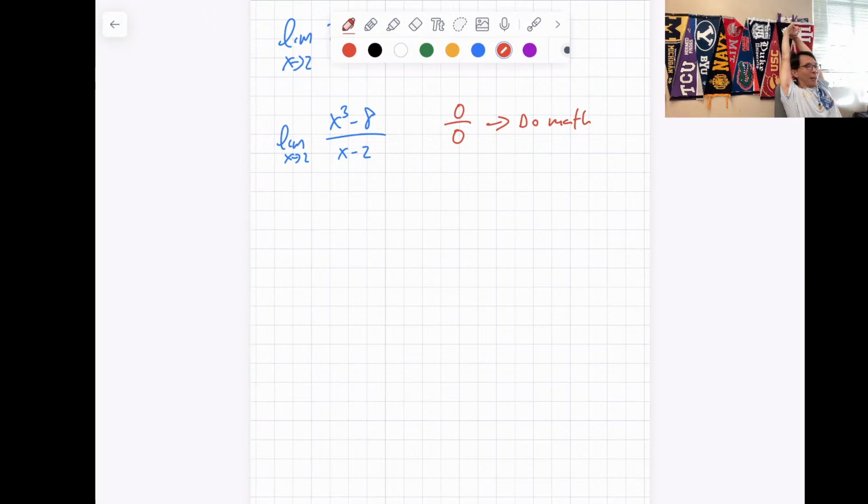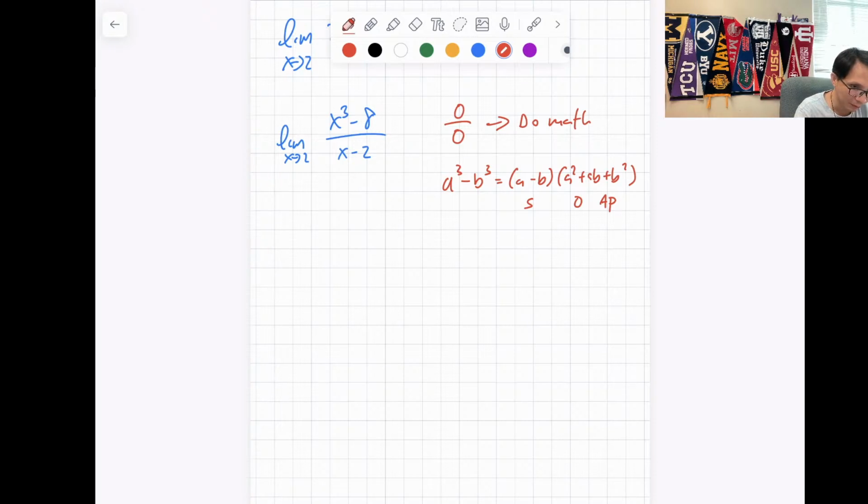So remember how to factor the cube? You guys can try it, but I'll give you the formula. a cubed minus b cubed is equal to a minus b times a squared plus ab plus b squared. It's called SOAP: S-O-A-P. Same sign as before, opposite sign as before, always positive, and the last sign.